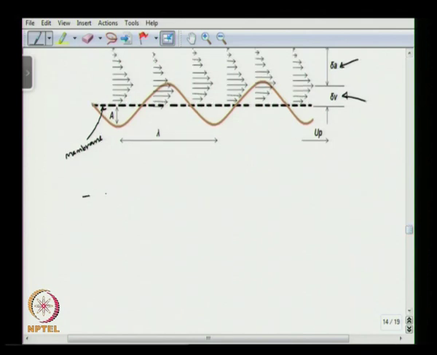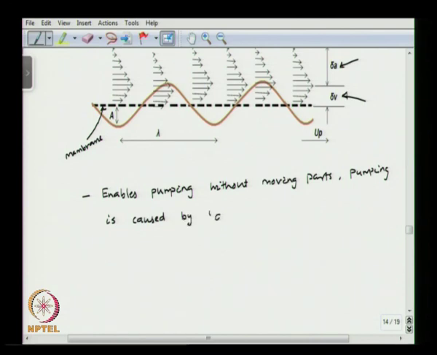So, we have this ultrasonic pump, it enables pumping without moving parts, and the pumping is caused by what is called acoustic streaming.